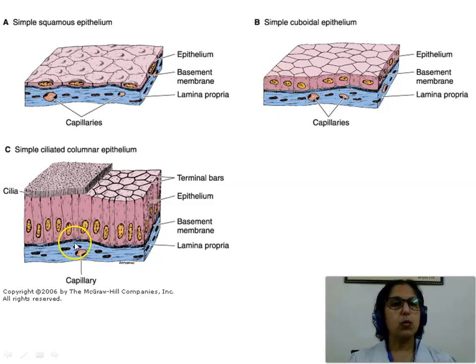What we see here is simple ciliated columnar epithelium, single layer of cells resting on a basal membrane. Cells are columnar. Height is much more than the width of the cell, and they have an oval nucleus which is situated near the base of the cell. Apical fold showing presence of cilia. So simple ciliated columnar epithelium, and if there are no cilia, then it becomes simple columnar epithelium.